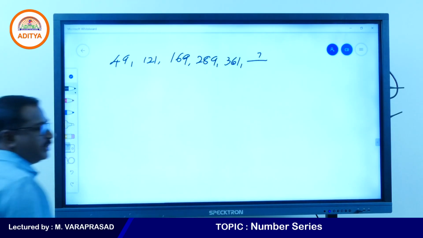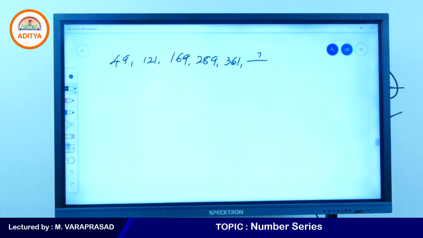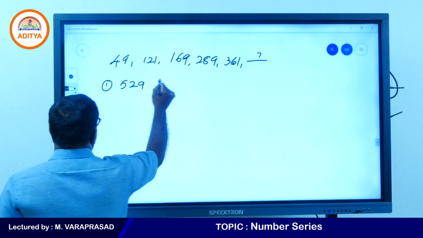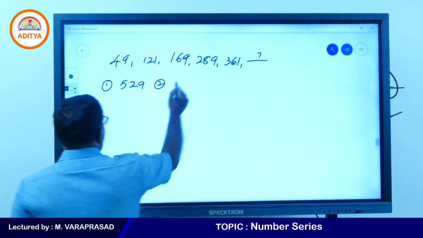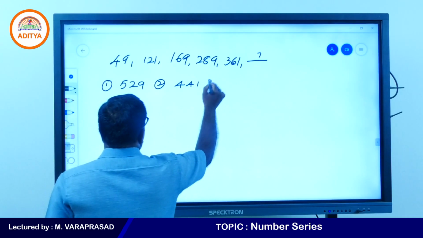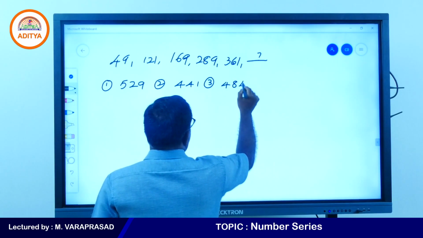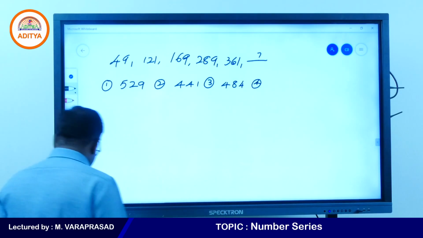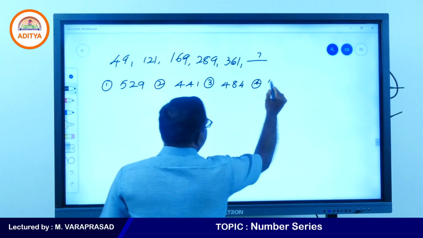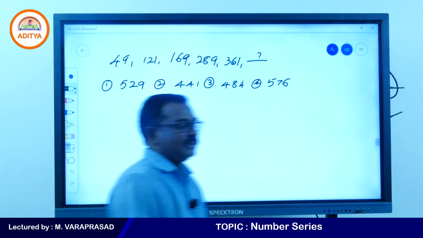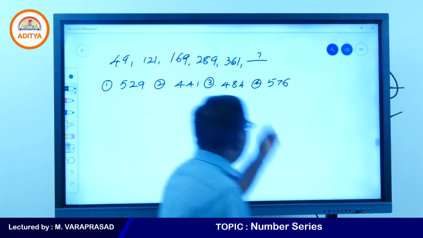If you want, I will give options. The first option is 529, the second option is 441, the third option is 484, and the fourth option is 576. So what will you get in the place of the question mark here?